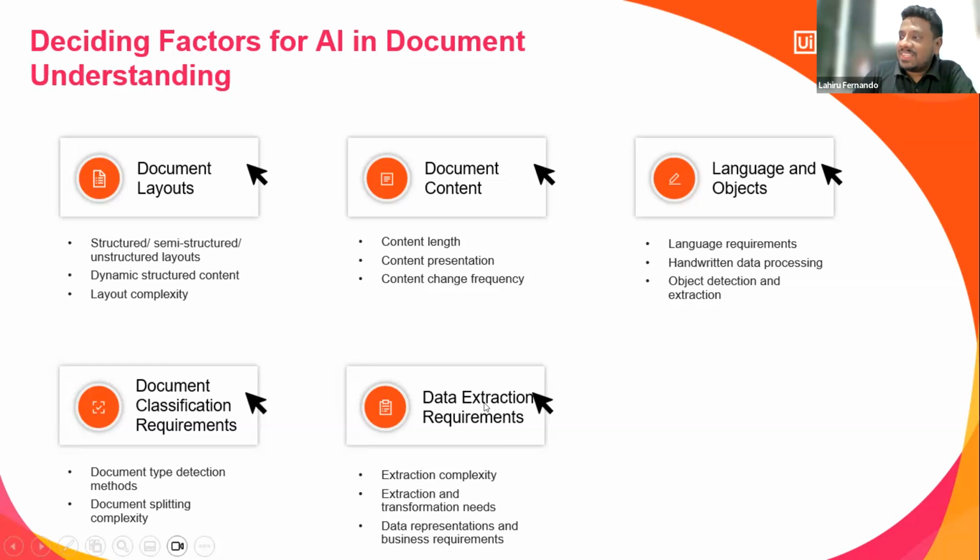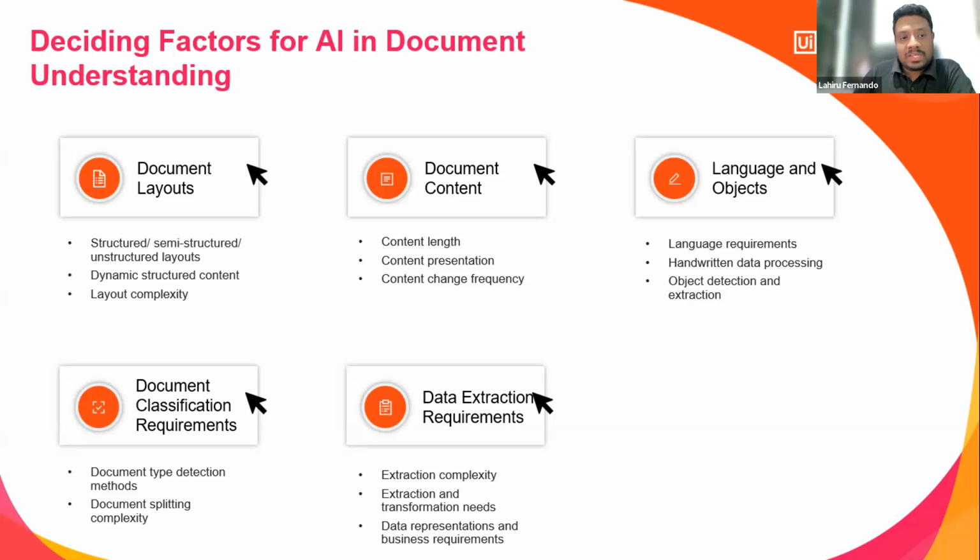Okay, so the next thing is the data extraction. As I mentioned before, for the data extraction part, we need to identify the fields that you need to extract, what transformations you need to do once you extract them, and how that information is presented in the document. So we need to look at all of these things and then decide what AI model we are going to use.